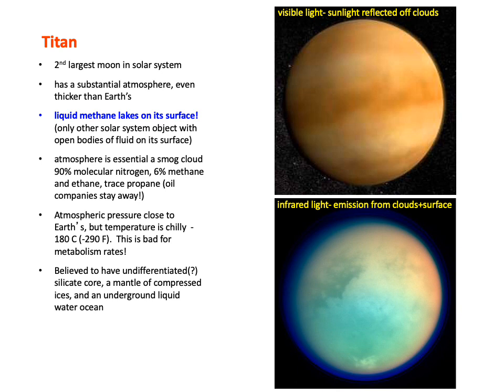In fact, it's 90% molecular nitrogen, and like the Earth's is around 80% molecular nitrogen. But the rest of it is not oxygen. It is methane and ethane, and then a lot of other propanes. So basically, it's a huge deposit of, in a sense, rocket fuel and gasoline.